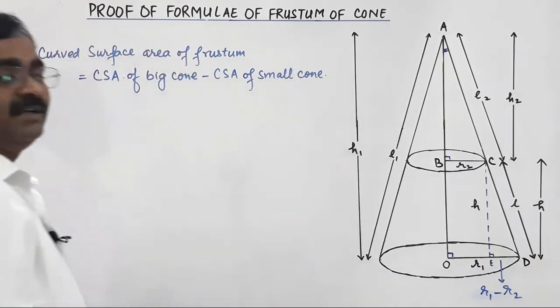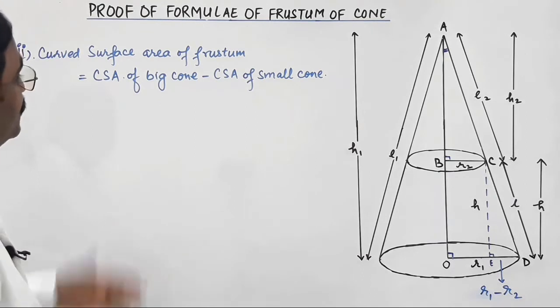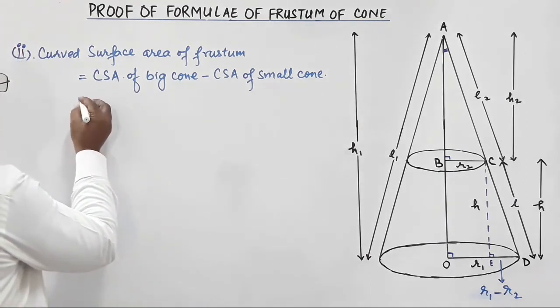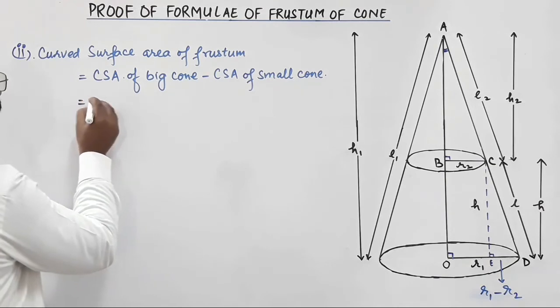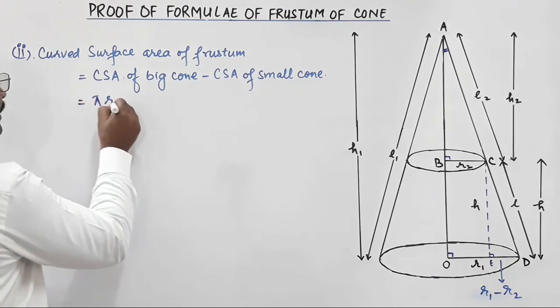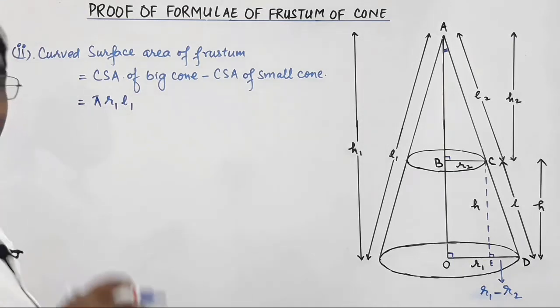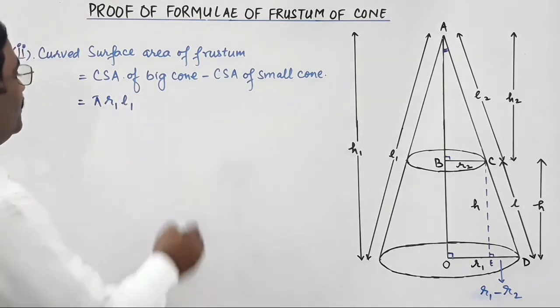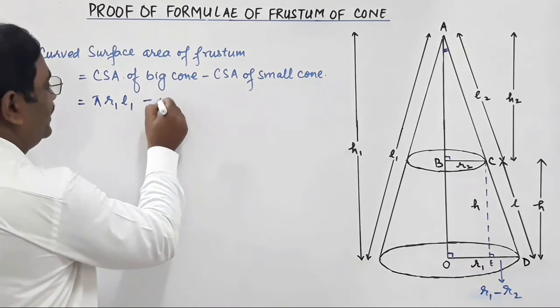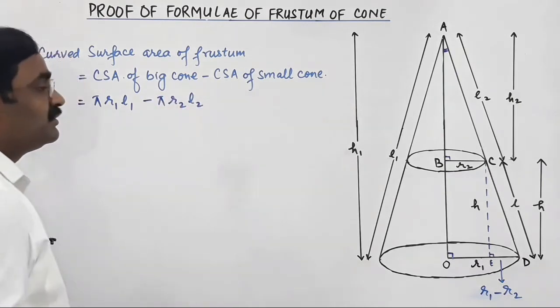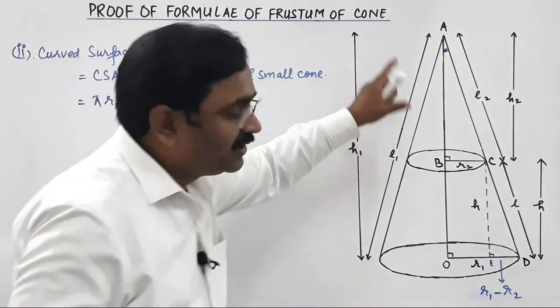Right? Now let us see what is the curved surface area of the big cone. By the formula, pi R1 into L1 is the curved surface area of the big cone, minus pi R2 into L2 is the curved surface area of the smaller one.